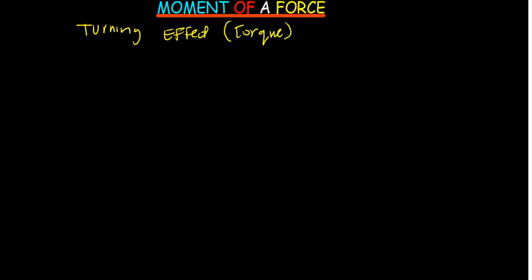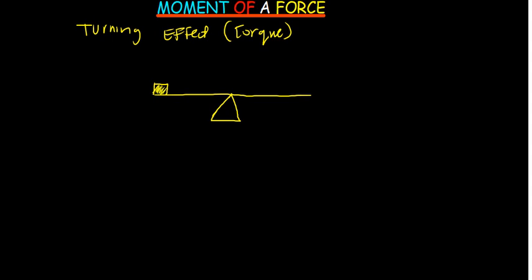When you're talking about these forces, we can measure the moment of a force if we know the magnitude of the force applied and also the perpendicular distance. Say this is a ruler and you put it on a certain point, like this. Let's say you've put a mass, a block, at this point.